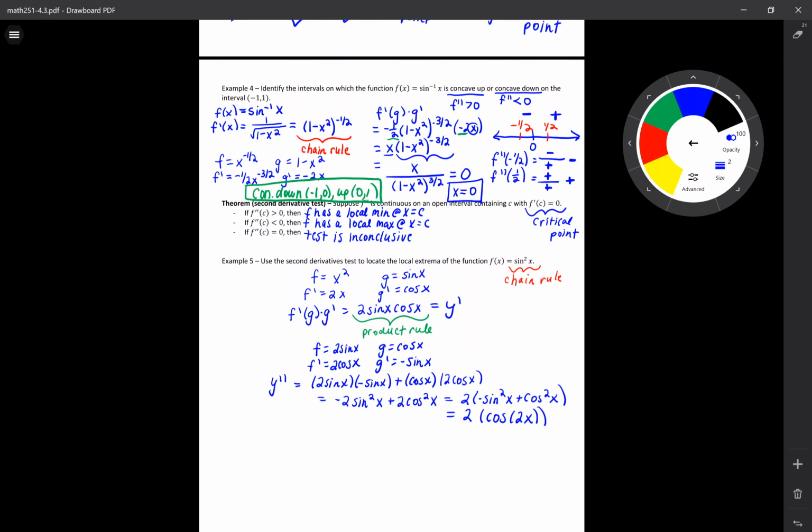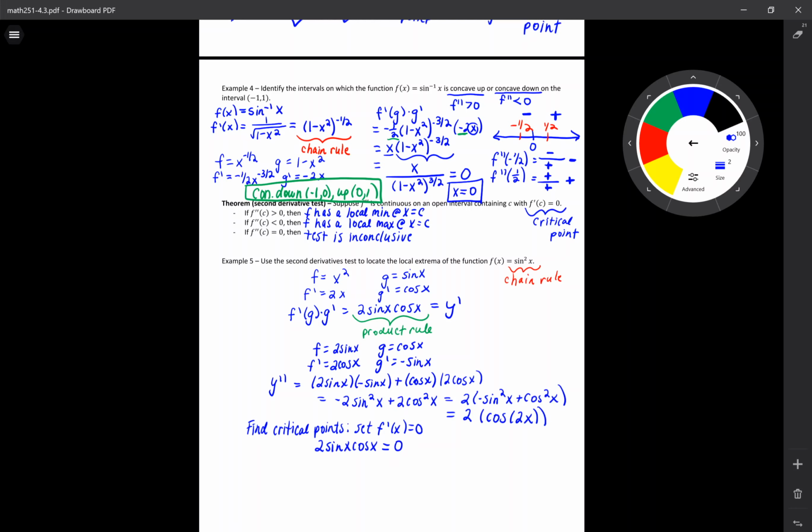So to find critical points, I set f prime of x equal to 0. So in this case, our f prime was 2 sine x times cosine x, and this is equal to 0.